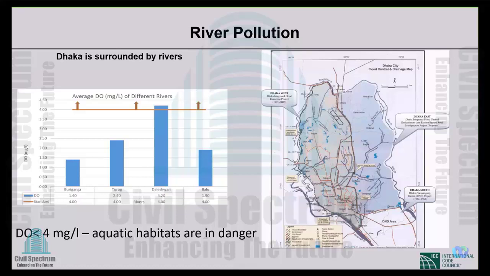But you can see in this graph, 3 of them, I should show 5 of them, but these 3 are much below 4, like the Buriganga. The Dhaleshwari is up because it is still receiving fresh water flow from the Jamuna River. So this is important. You see why we have to take care of it.